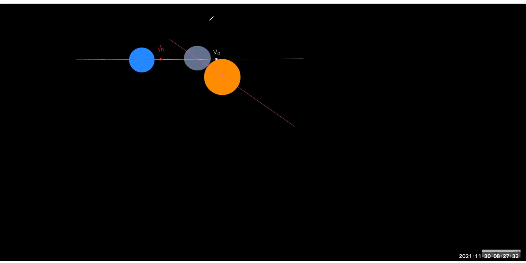Because the surface which is going to be hit will be this surface, which I can draw by this yellow line. So this is the point of impact, and this will tell you that this surface and this surface will hit each other. So for the rate at which they approach each other, let's call this angle theta. Later on, we can derive this theta easily from this simple diagram.